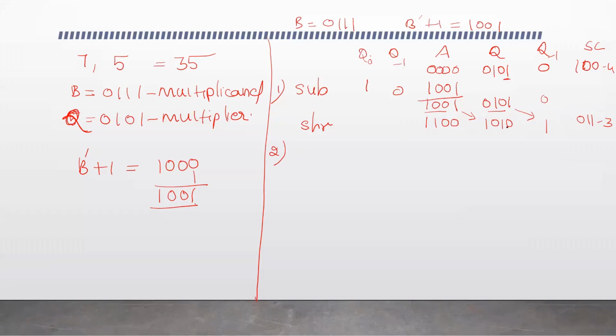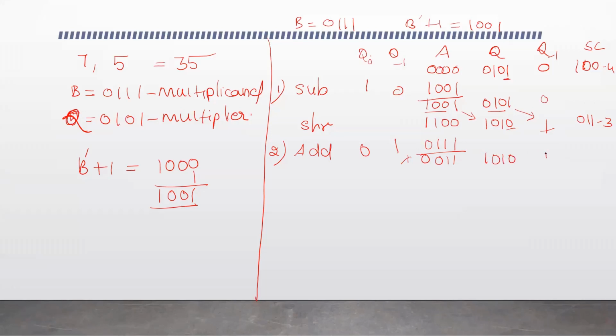The second step is now to check Q0 and Q minus 1. It is 0 and 1. Upon encountering 0, you add. So we will now add B, 0, 1, 1, 1. When you add, you get 1, 1, 1, 0, 1, 0. Again, you can discard the carry. Our multiplier bits are 1, 0, 1, 0.